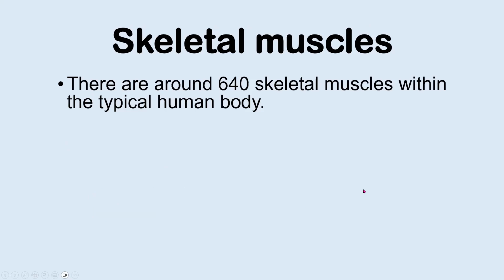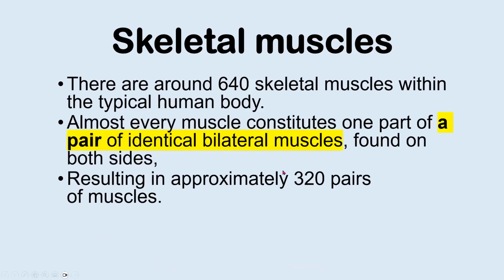Now, I don't know if you know, we actually have 640 skeletal muscles in our bodies. That's a lot. And almost every muscle has a pair. A pair means when one side moves, the other one relaxes, and vice versa.